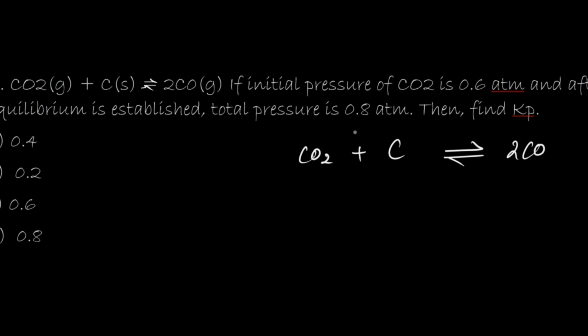So how to solve this from equilibrium? The initial pressure of CO2 is 0.6 atm. The initial pressure of CO is 0. Total pressure at equilibrium becomes 0.8, that is the total pressure.